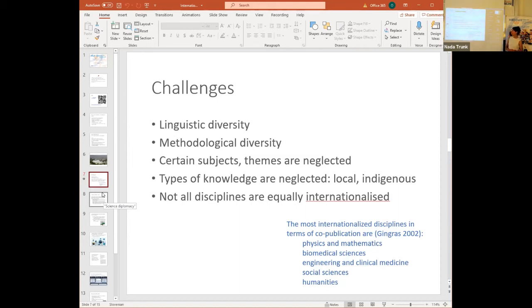And another interesting implication is also that not all disciplines are equally internationalized. And here I just presented findings from research that's quite old by now, but my guess is that it hasn't changed much. Please don't cite this here because there is 20 years of difference.